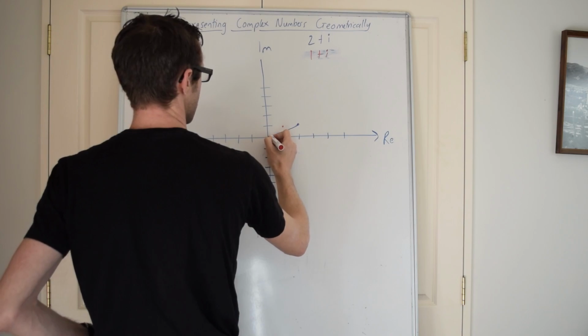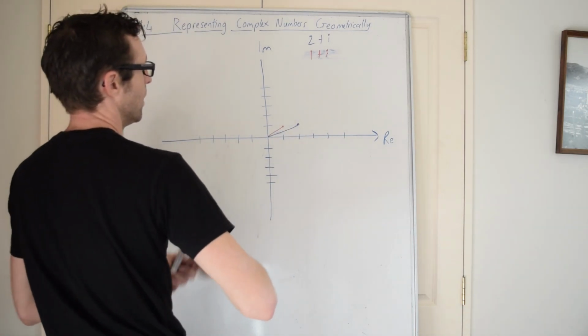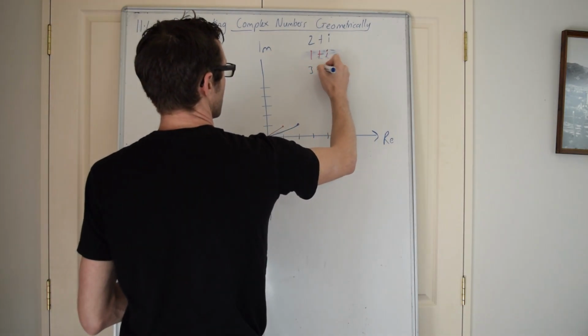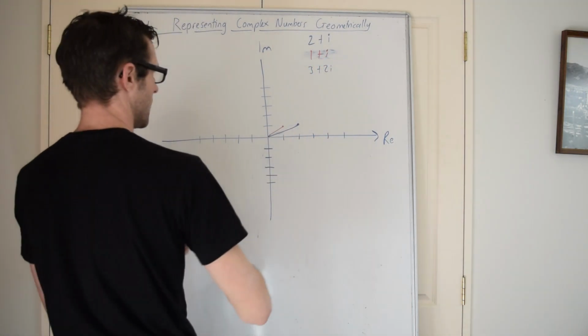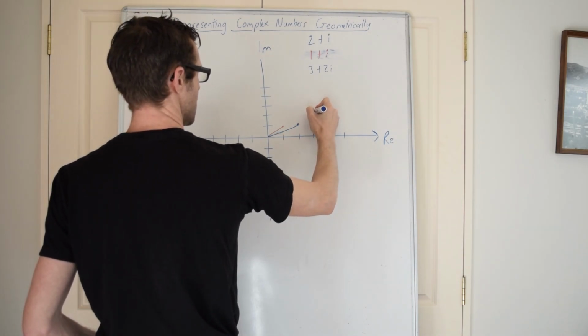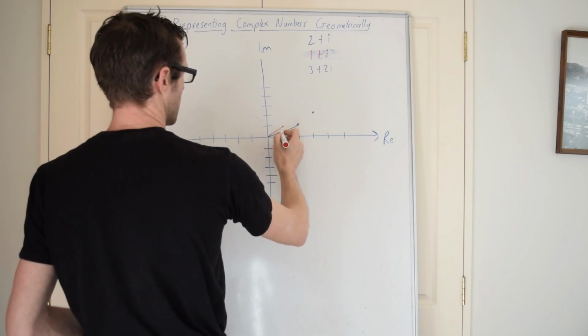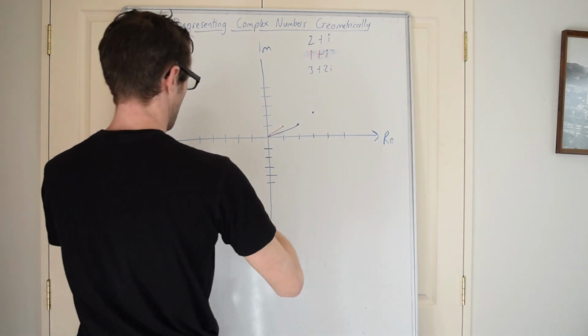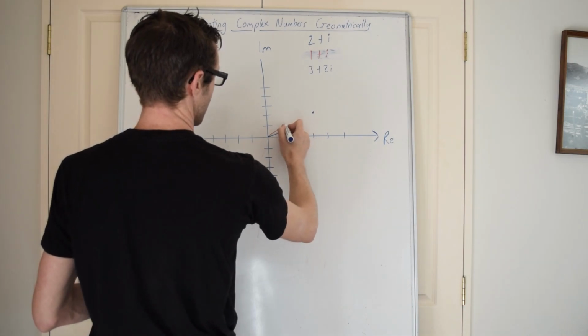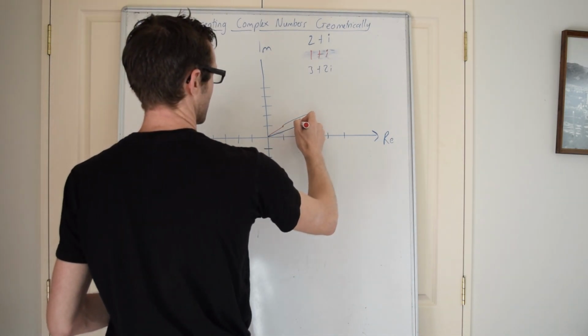Now if we add them, what happens? Well, we get 3 plus 2i, and 3 plus 2i would be here, and that's essentially adding either this plus that line there, or that plus this line here.